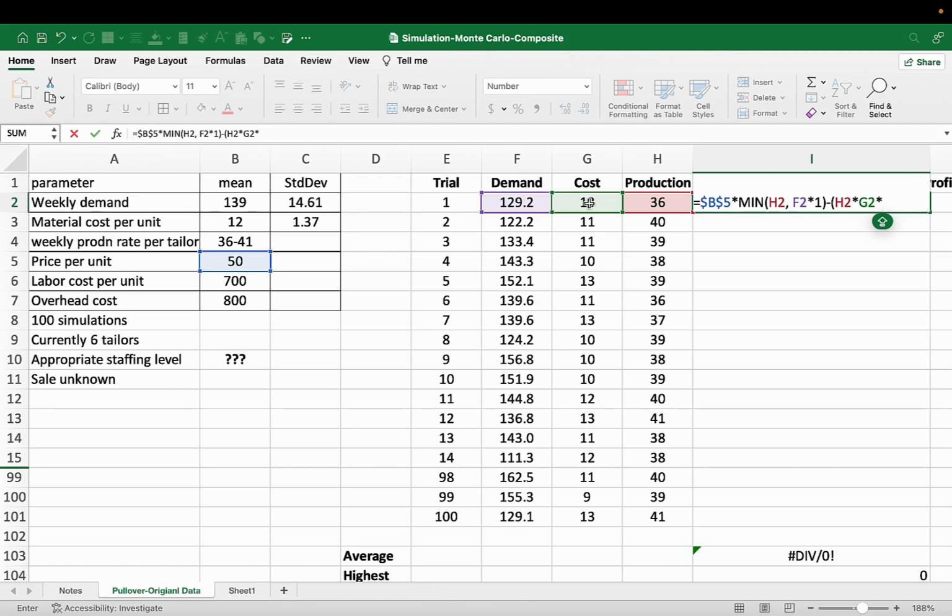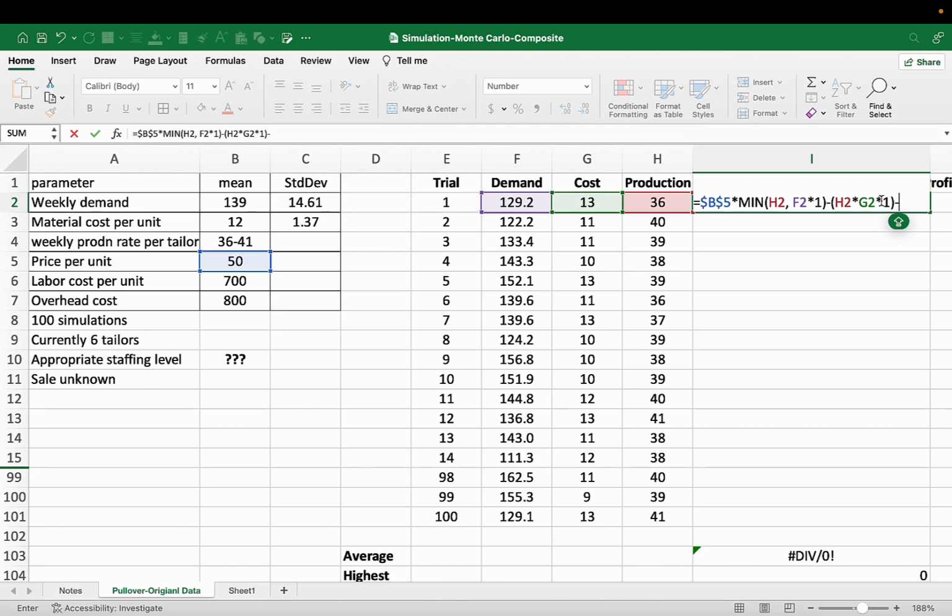Therefore I will add the number of tailors multiplied here. Again, I know multiplying by 1 is redundant, but let's do it for the moment because I will explain it in the next step.